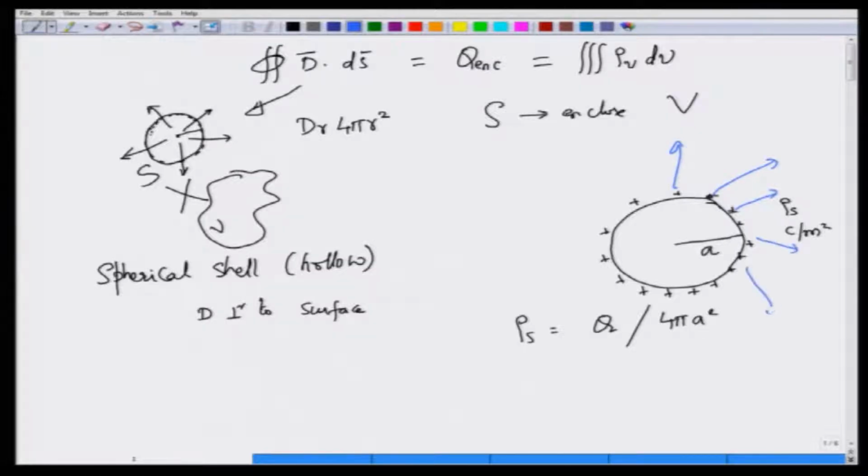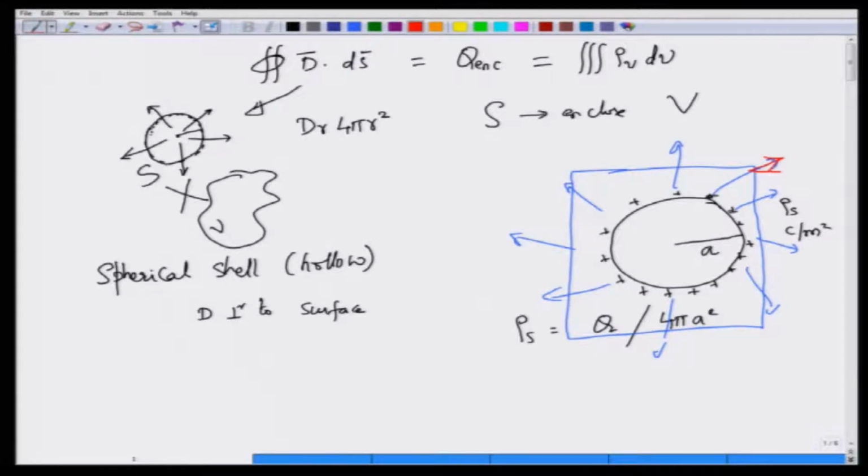The field is directed radially away, but instead of choosing a spherical surface, I will choose a rectangular surface. Now, what happens? This part of the D field, which is of course originating from the shell, is not perpendicular to the surface area.